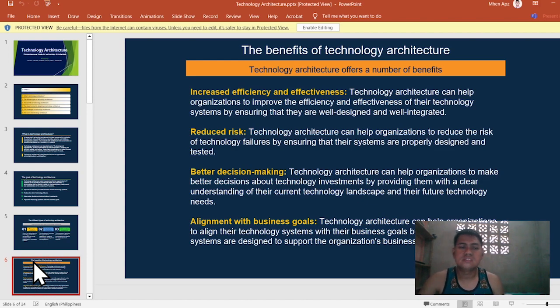It also aligns with business goals, in the sense that technology architecture can help organizations align their technology systems with their business goals by ensuring that their systems are designed to support the organization's business processes.